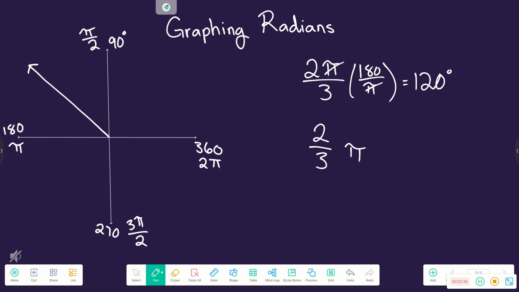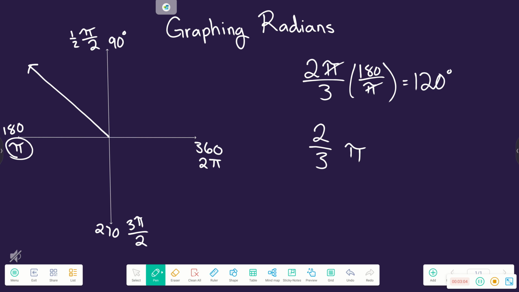So if I'm looking at this, I know 180 is a full pi. I do not have a full pi, so I know I am less than 180. And then I know the fraction pi over 2 is the fraction 1/2. And I know that 2/3 is larger than 1/2. So I know my line has to be in quadrant 2, in between a half and a whole.